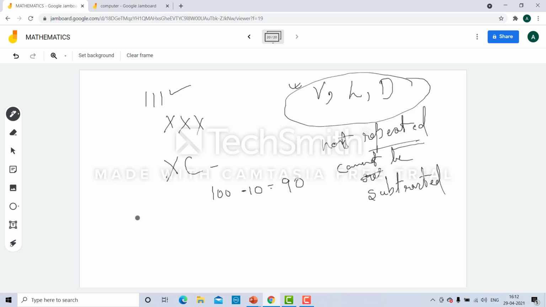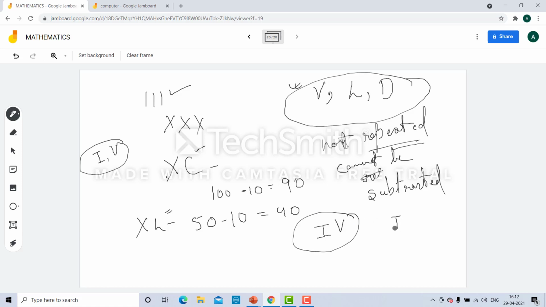Or if I write XL, L is your 50 and X is your 10, so this means 40. So I and V are never written to the left of L and C. I can only get subtracted from V and X. It cannot be subtracted from any other bigger number. It cannot get subtracted from 50 or 100. This is the rule we are always following when we are doing Roman numbers children.